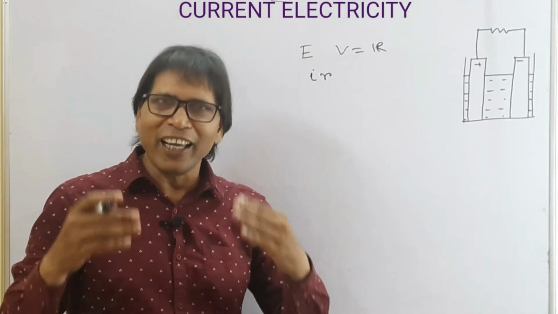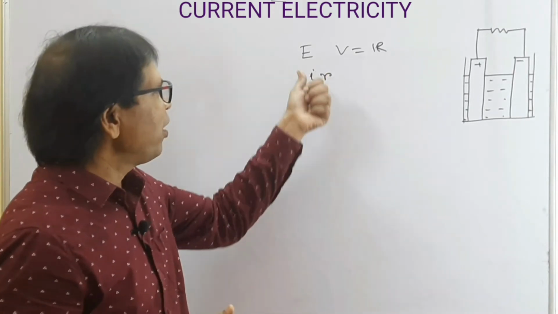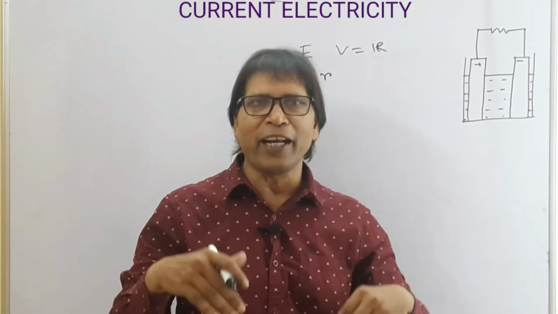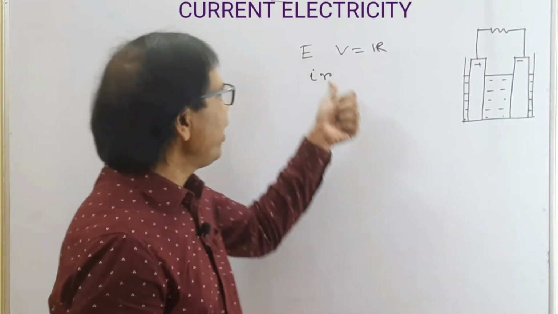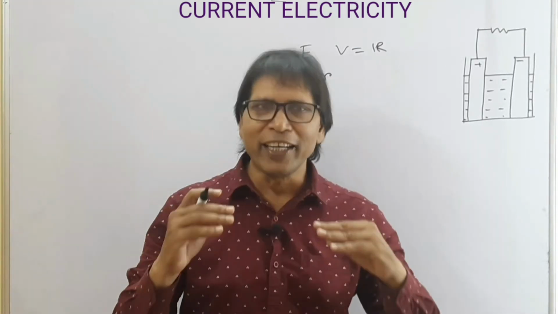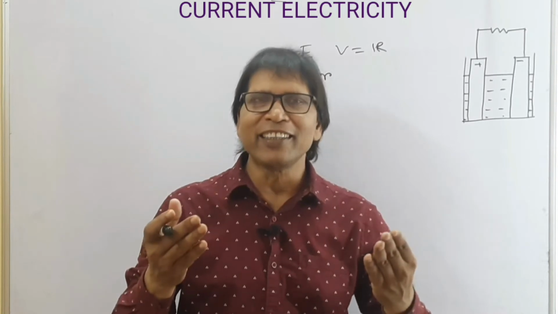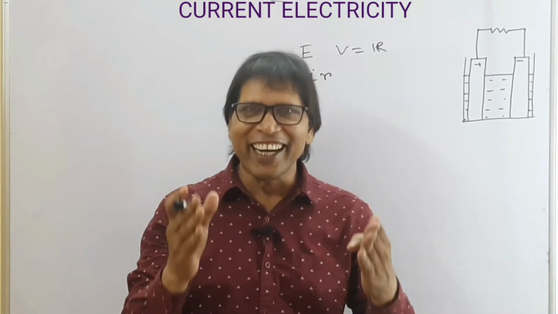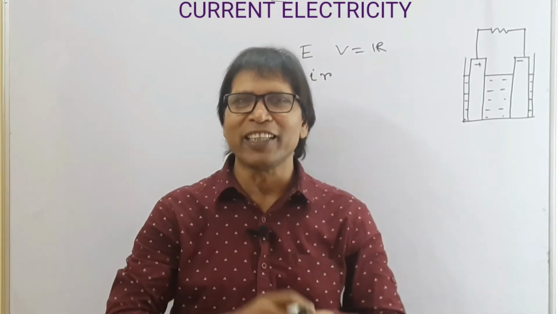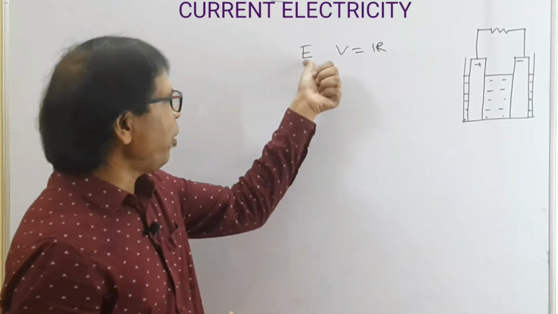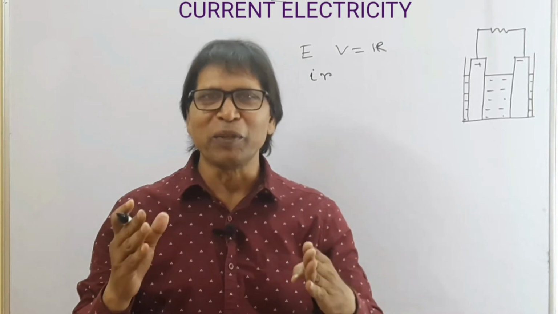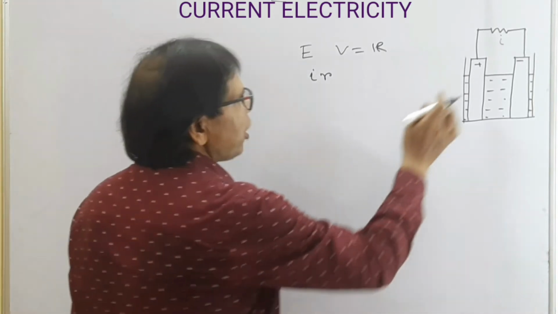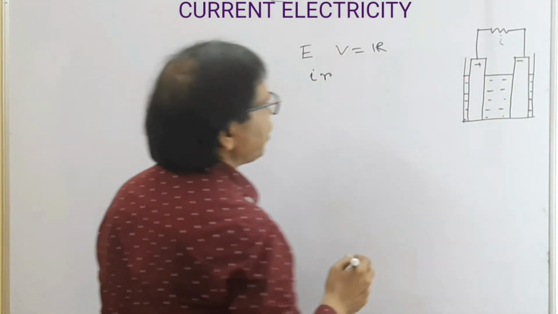When other forms of energy are converted into electrical energy, EMF is produced. When a cell supplies current, EMF is greater than the terminal potential difference, and EMF is measured with the help of a potentiometer.